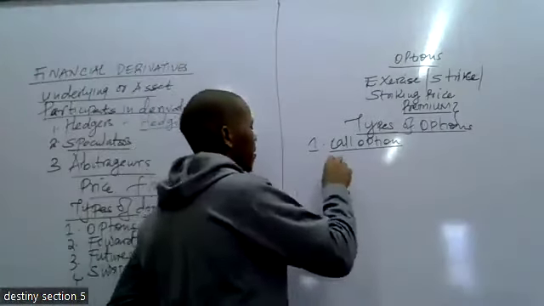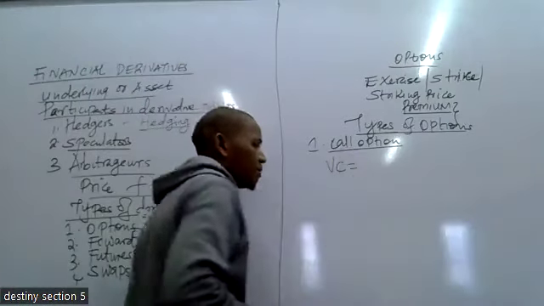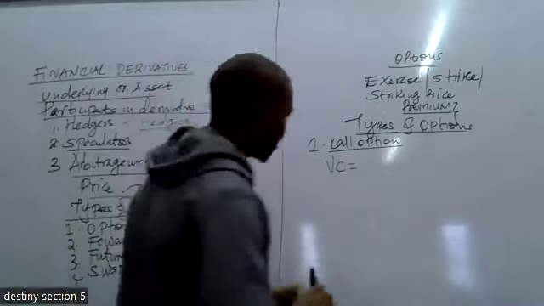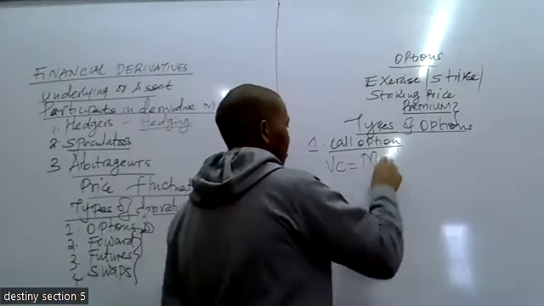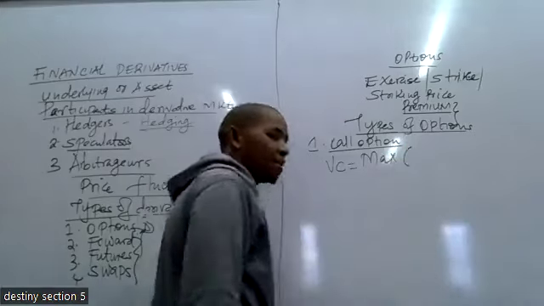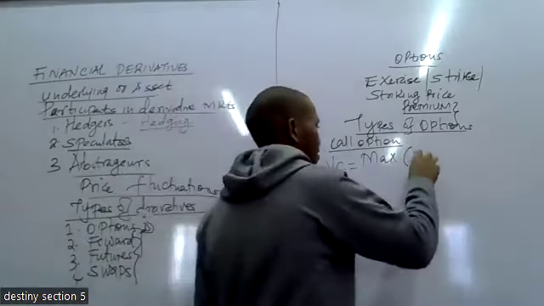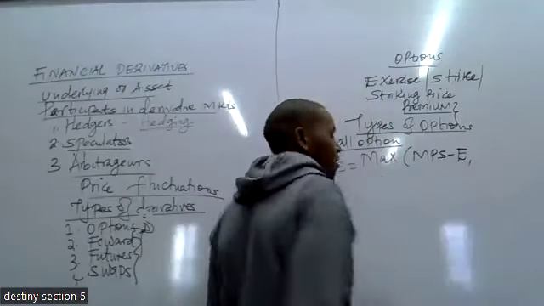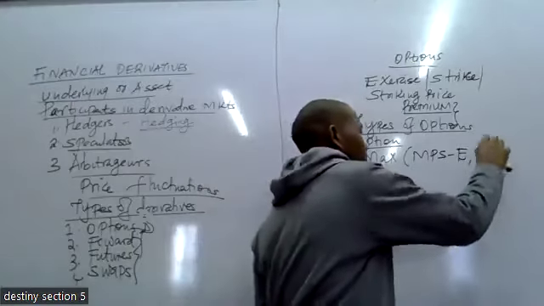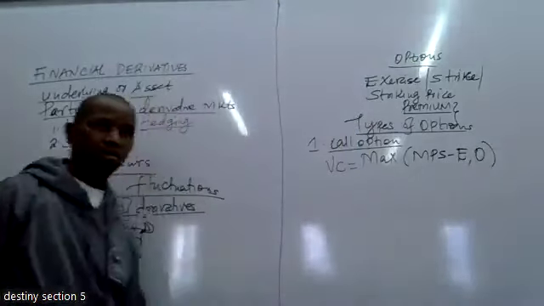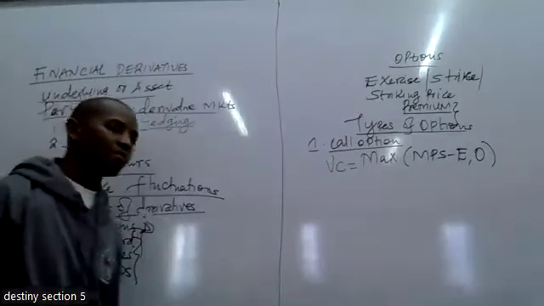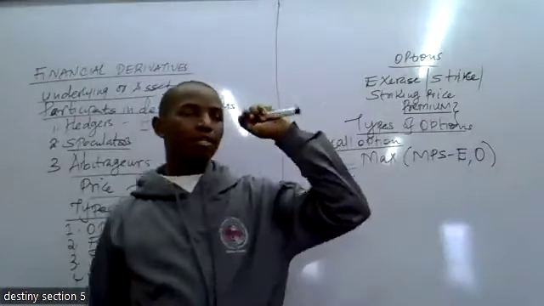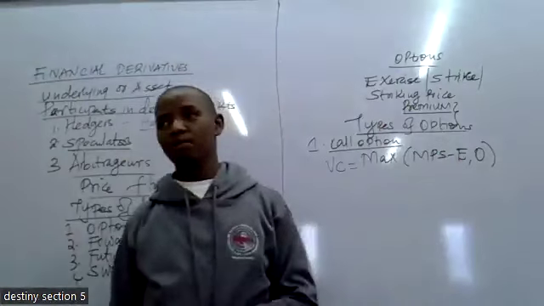Say, value of a call option is determined as follows. This will be the maximum of MPS, that is the price of the share, minus the exercise price, E, compared with zero.